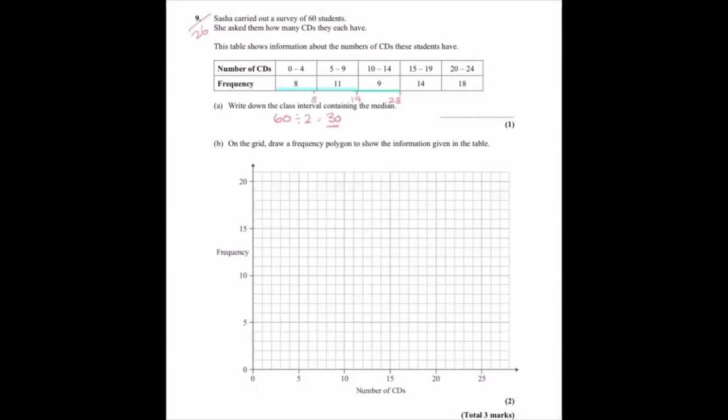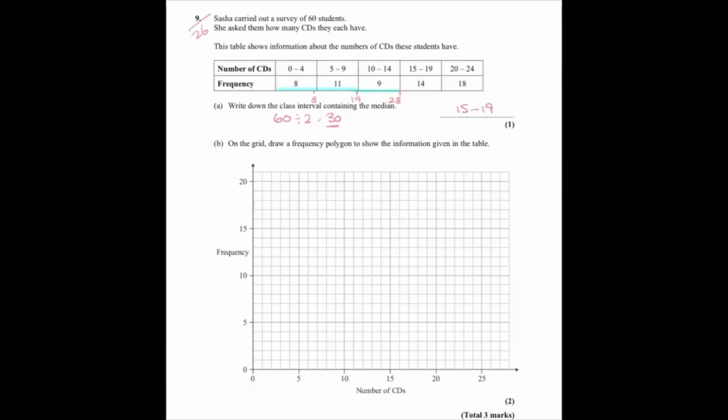So at the moment, I've got myself to a total of 28 students that have between 0 and 14 CDs. My 30 is definitely going to lie in here because I only need a couple more students and there's 14 in this group. So my answer is 15 to 19.